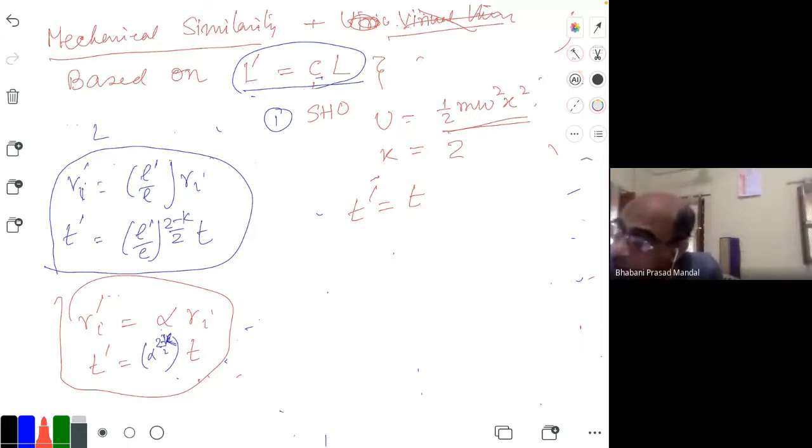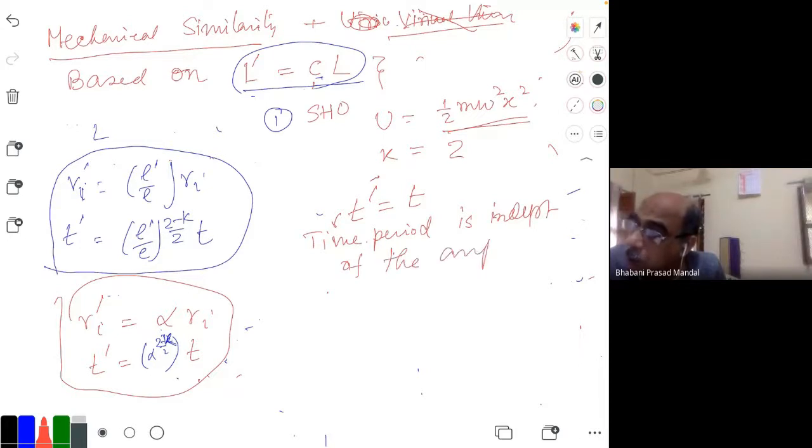That means the time period is also the same. So the time period is independent of the amplitude, of the length scale. Amplitude is the length scale. And that is the simple harmonic oscillator.